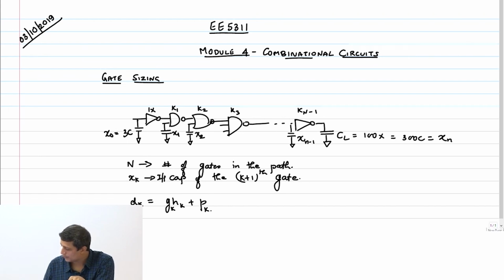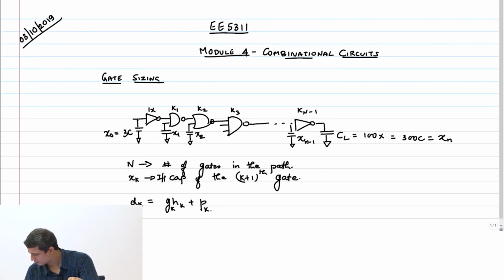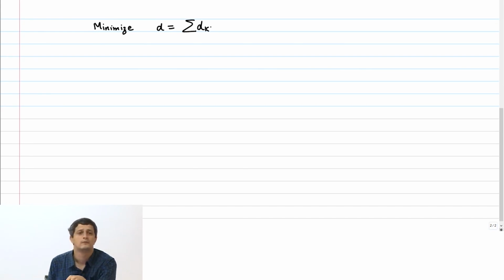So what do I now want to do? I want to minimize the delay D, which is nothing but the summation of dk, with k going from 1 to n.